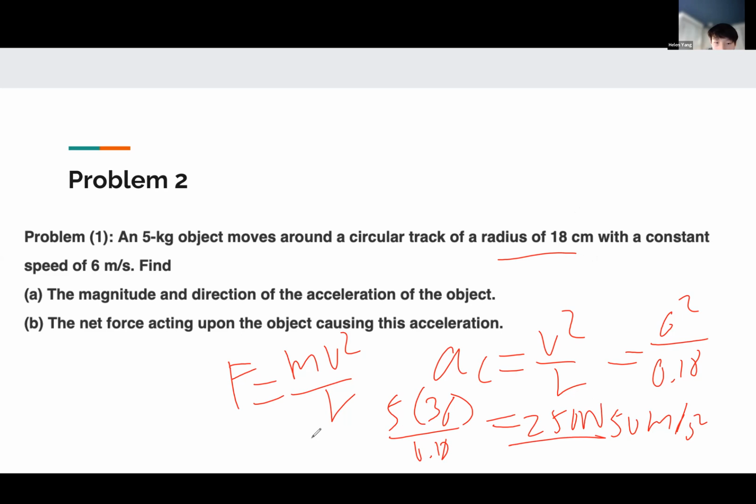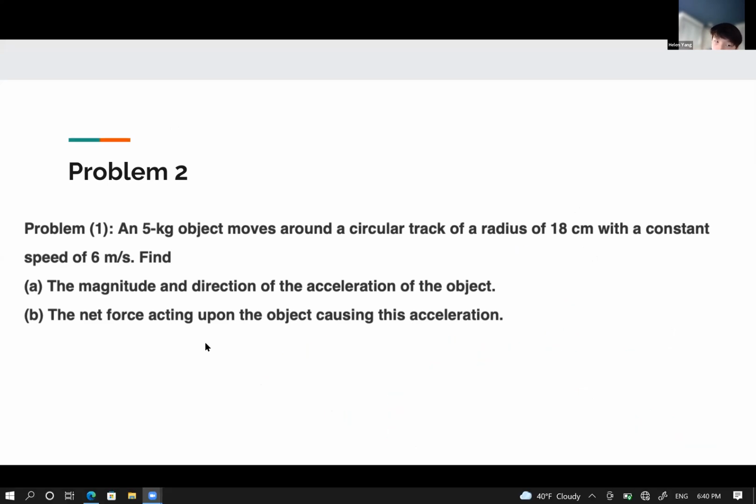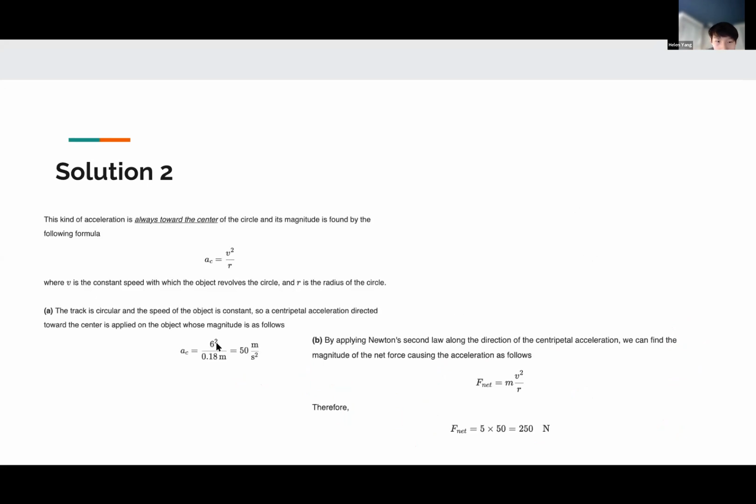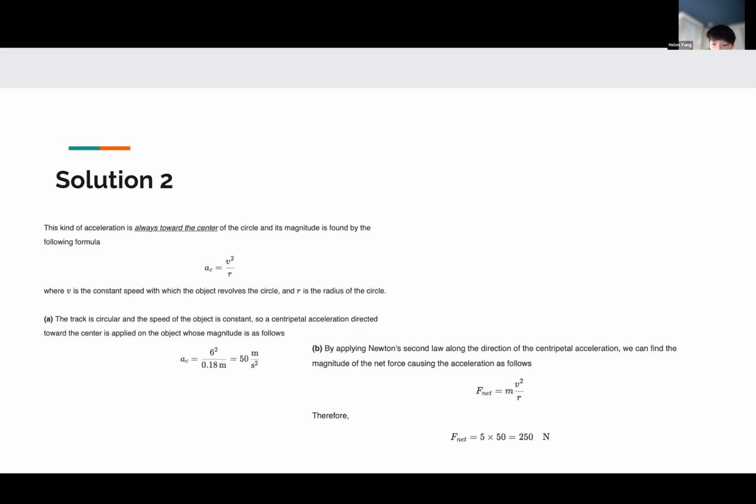You understand? This is the solution. Oh, I forgot to answer, it says the direction of the acceleration, and the direction is always going to be towards the center of the circle. Okay, so you can do question 3.